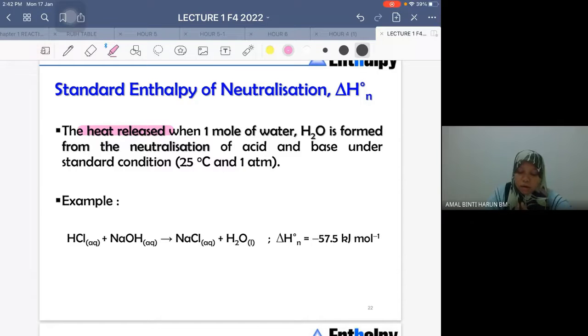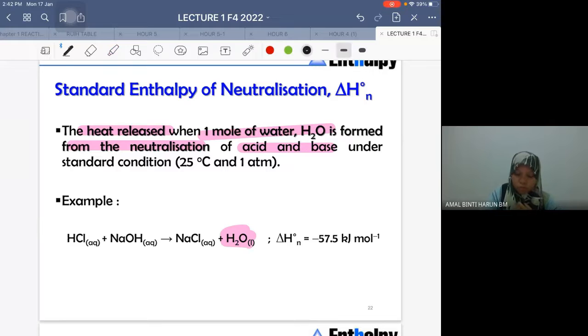Okay. Bila heat release? When 1 mole of water is formed from the neutralization of acid and base. Okay, neutralization mestilah tindak balas acid dan juga base. Product of neutralization mesti menghasilkan water molecule. So yang you mesti pastikan satu molekul water form tu adalah dekat sini.